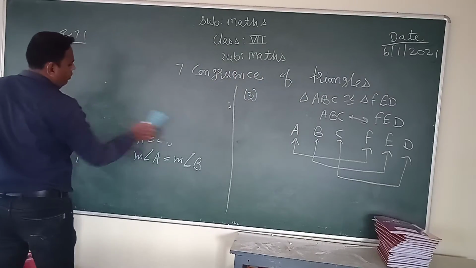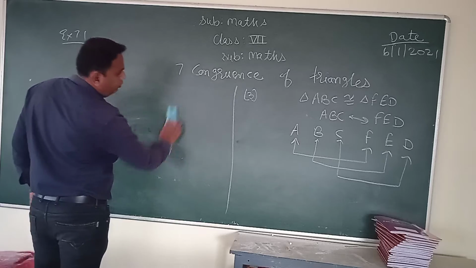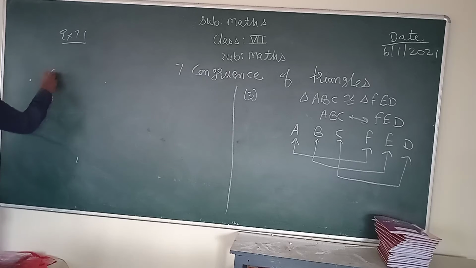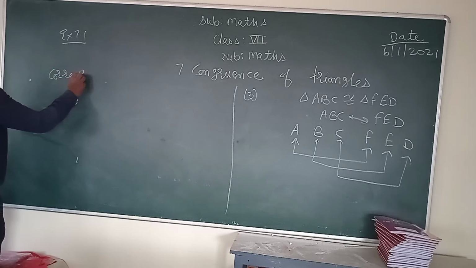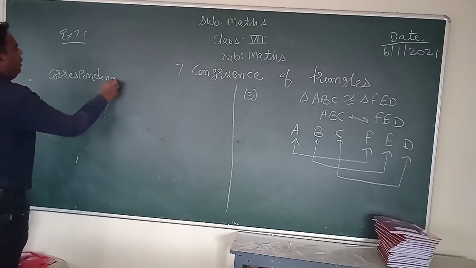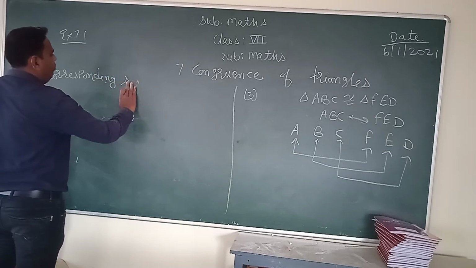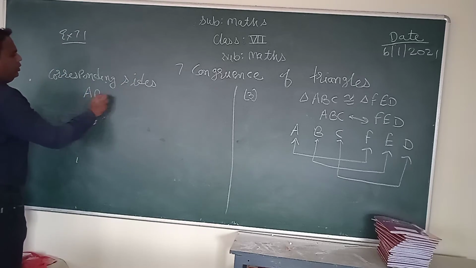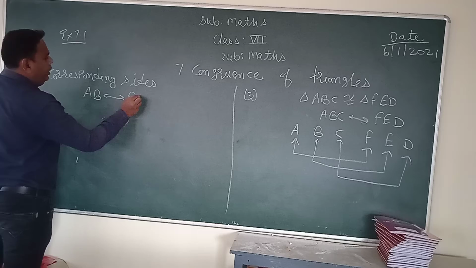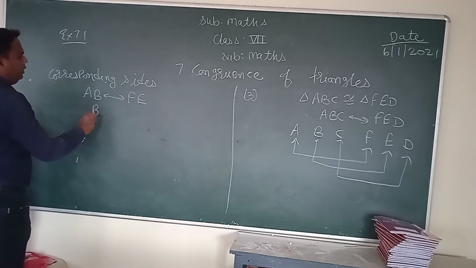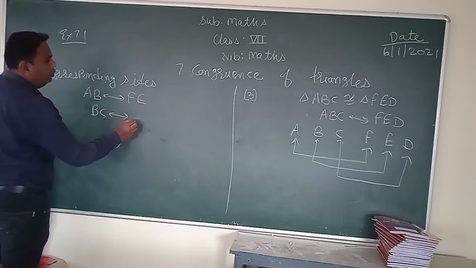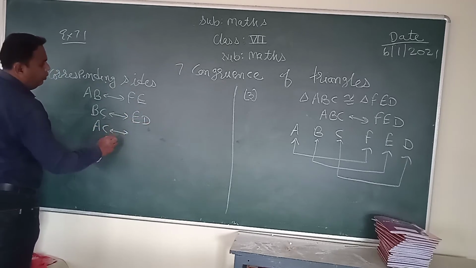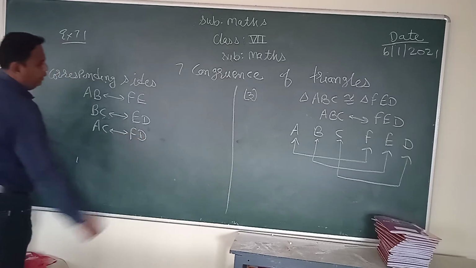So now we write the corresponding sides and the corresponding angles here. Corresponding sides here: AB corresponds to FE, then BC corresponds to ED, and AC corresponds to FD here.